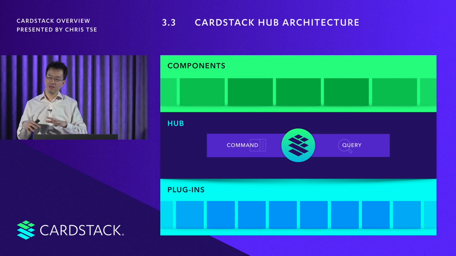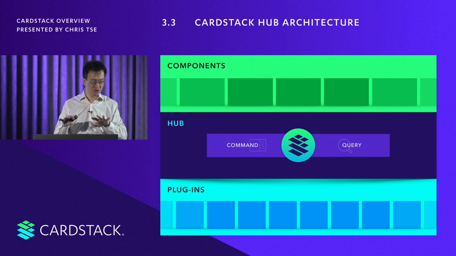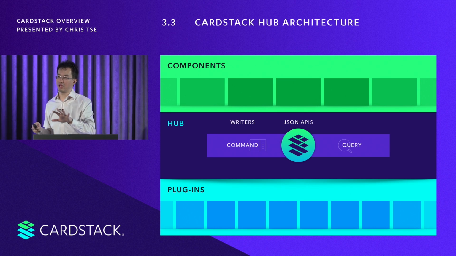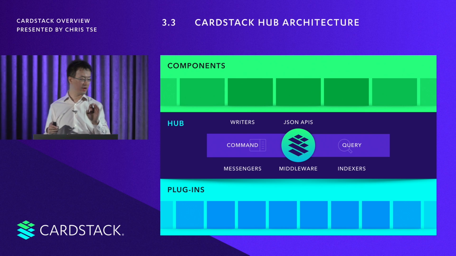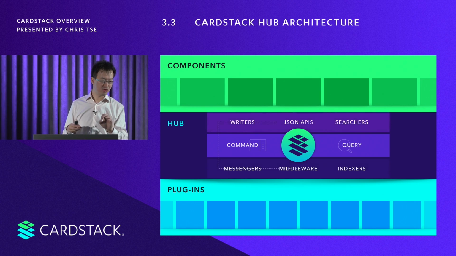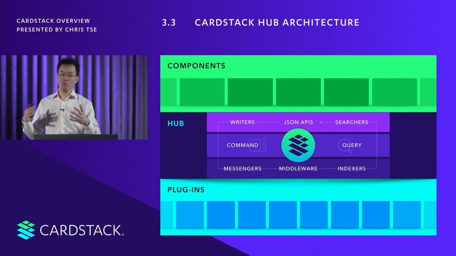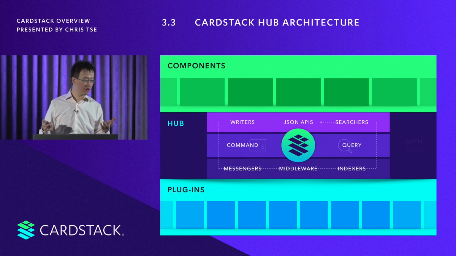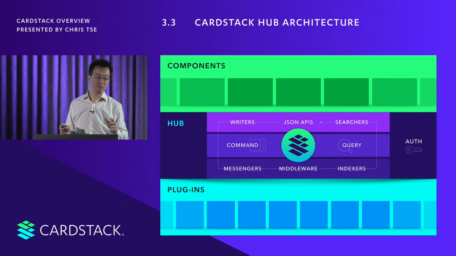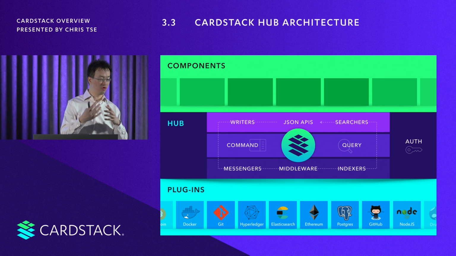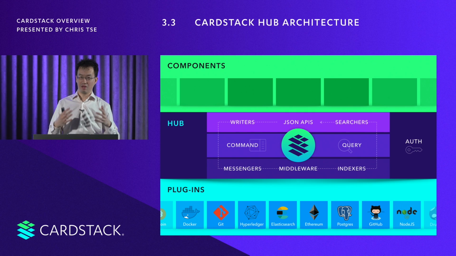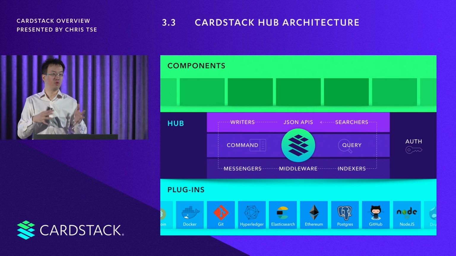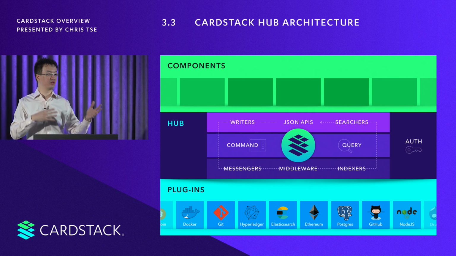And for us, this is a little more detail on the architecture of Cardstack Hub. We've created an architecture, and this is something that we have been building for the last 3 years, where through a consistent API, a set of writer, messenger, middleware, and index and searchers, we're able to integrate more than one type of plugin, some of which are things that people already know. And with the authentication to control, whether that's coming from Git, which is something we've made a lot of investment on, every person can have their own state of what they care about on version and share with the person they choose.